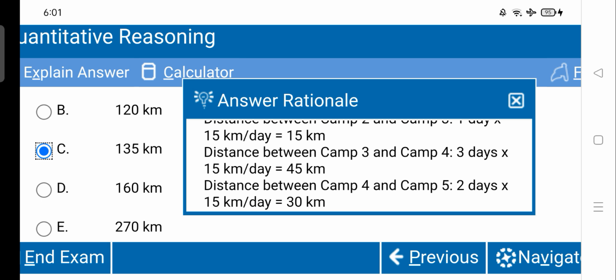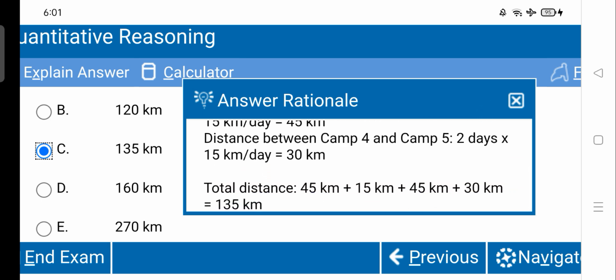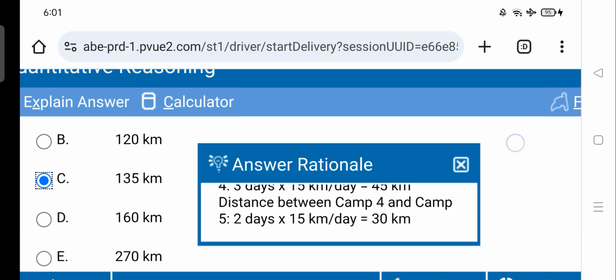Distance between camp 4 and camp 5 equals 2 days multiplied by 15 km equals 30 kilometers. So total distance equals 45 plus 15 plus 45 plus 30 equals 135 kilometers.